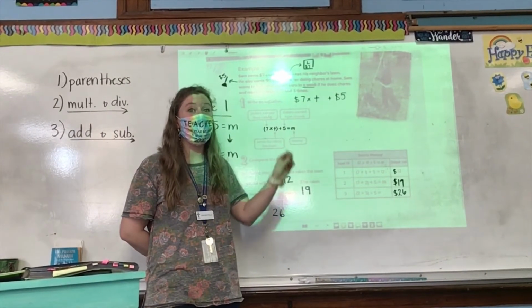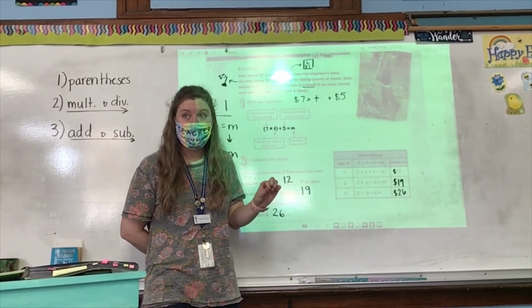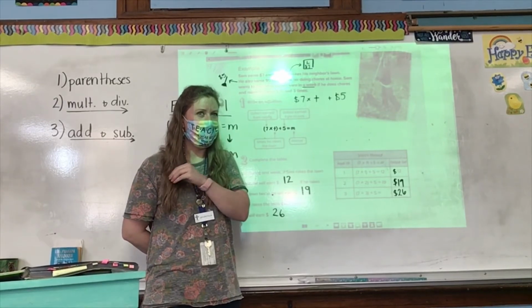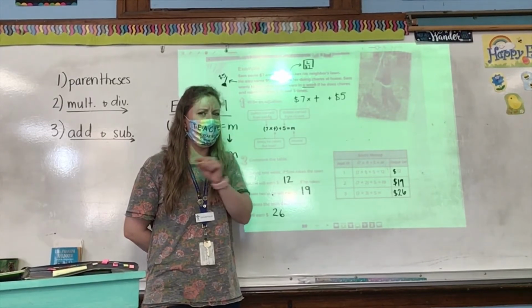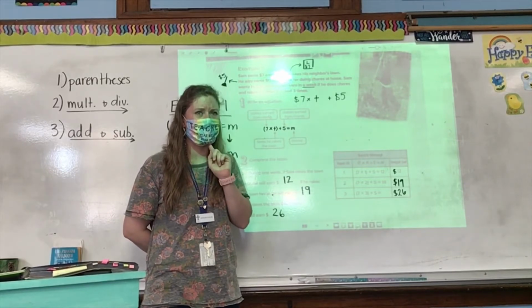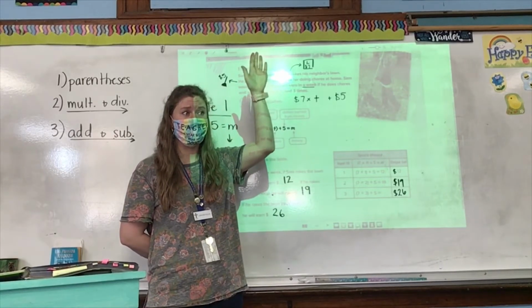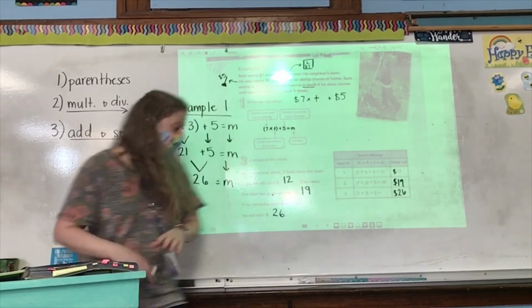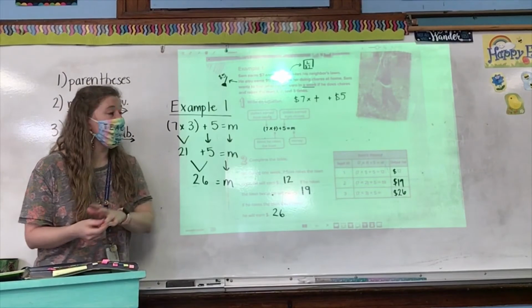Remember, we had to subtract first in order to figure out how many he had after he lost. So if you have to subtract or add before you multiply or divide, what do you have to put around the subtraction or addition part to show you have to do it first? Class? Parentheses. Okay, let's move on to example 2.